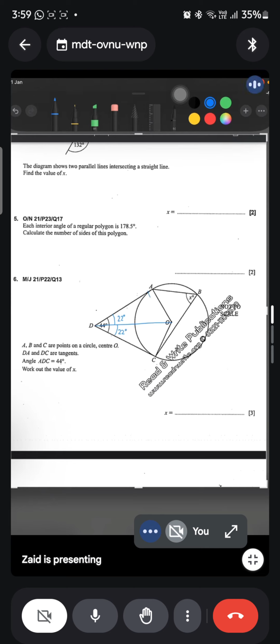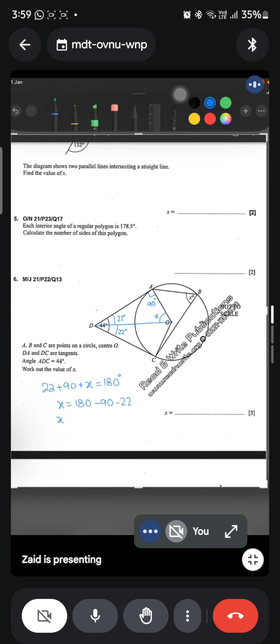I know that this is 90 degrees. Can you guys try to find out this one? Because we know that 22 plus 90 plus the angle, let's call this x, is going to be 180, because they are the angles in that triangle. So x should be equal to 180 take away 22 and 90.